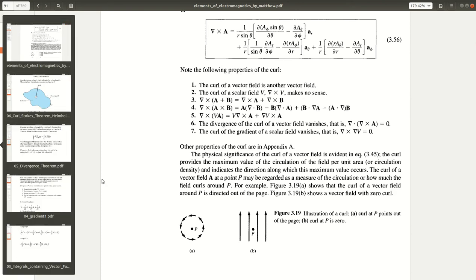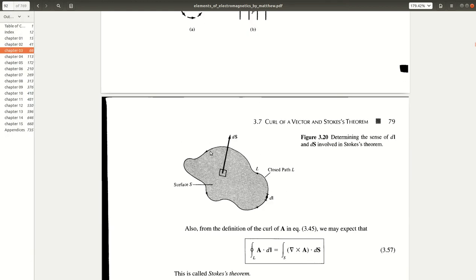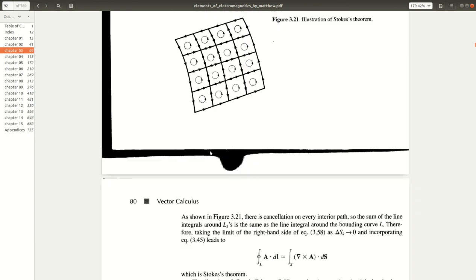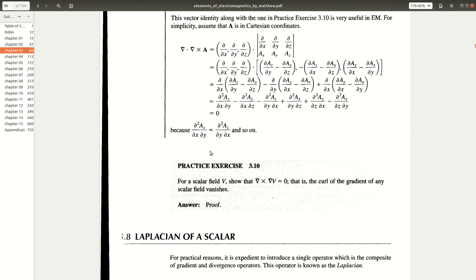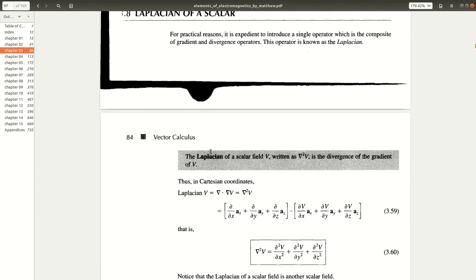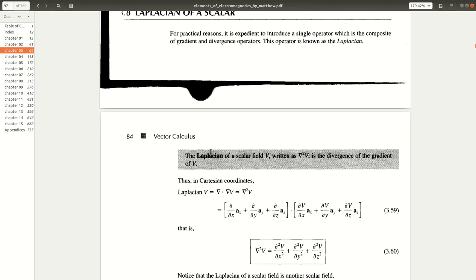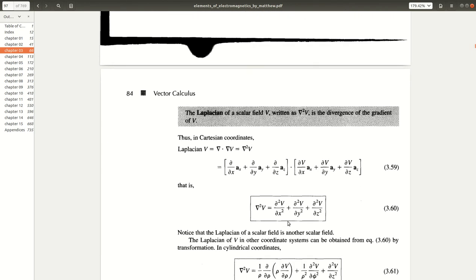I know there is the last one. Yes, the last one is the Laplacian of a scalar. The Laplacian means that we take two calculations. It is the divergence of the gradient. You remember the gradient here.